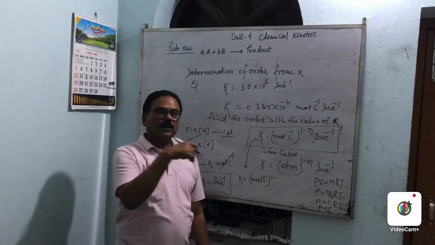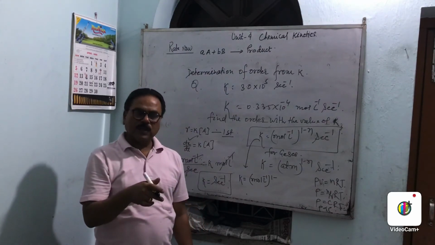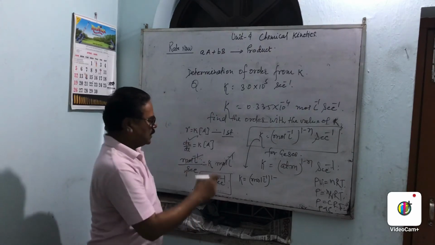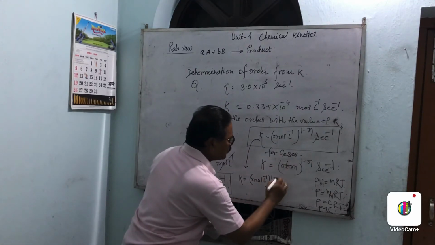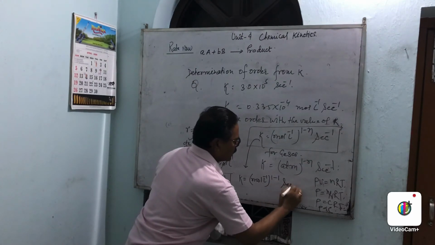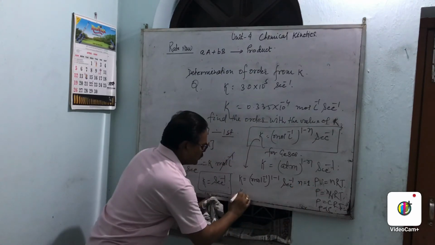That corresponds to the value of the order. If it comes by putting 1, it means first order, with the unit as given in the question. Let you see. Suppose we put here second inverse. What do we put here? n is 1.